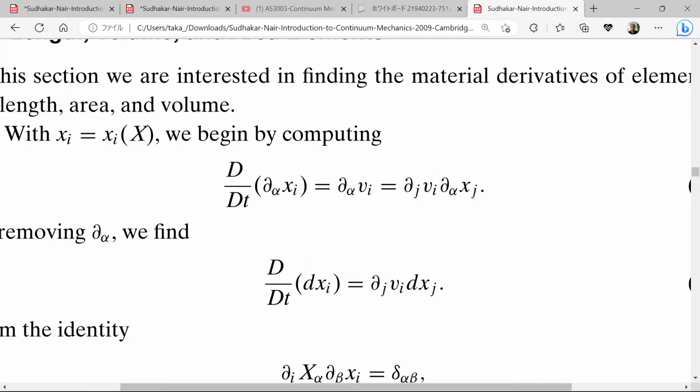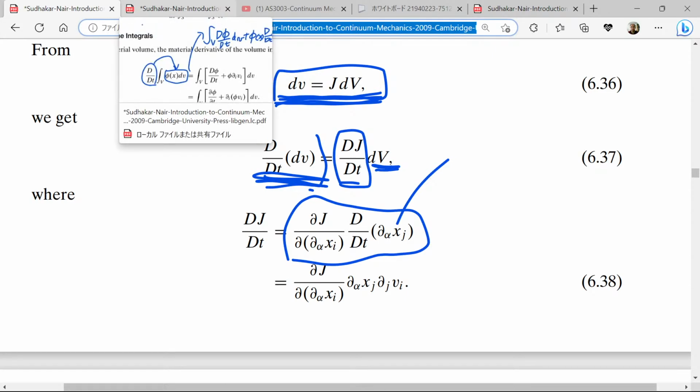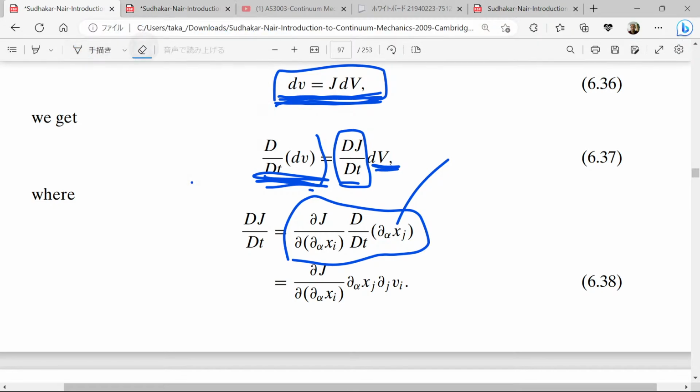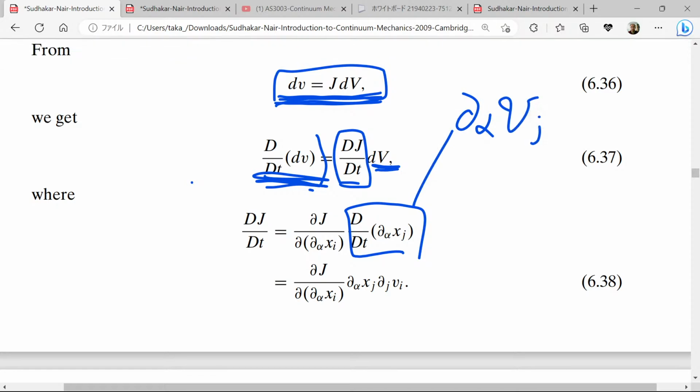Yeah, so this is not so difficult. This thing is just partial alpha Vj. Then partial alpha actually means partial xi, partial large X alpha.